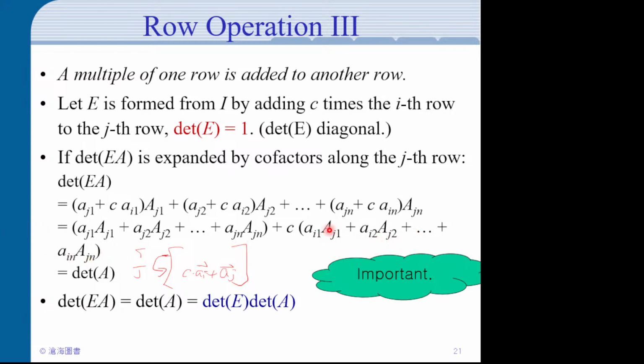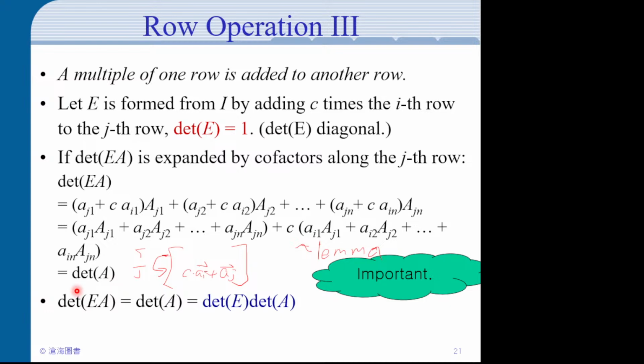So this term should be 0. This weird addition doesn't change your determinant at all. So we proved that for this most complicated row operation, adding a multiple of one row to another row, the determinant doesn't change at all.